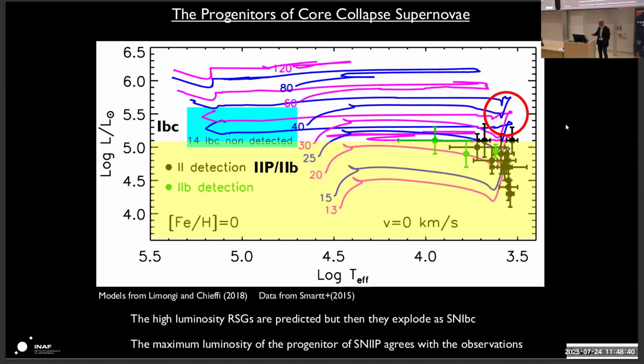And this is essentially compatible with the observations reported by Smartt 2015, in which he did not find any progenitors for type II plateau supernovae with mass larger than 20 solar masses.